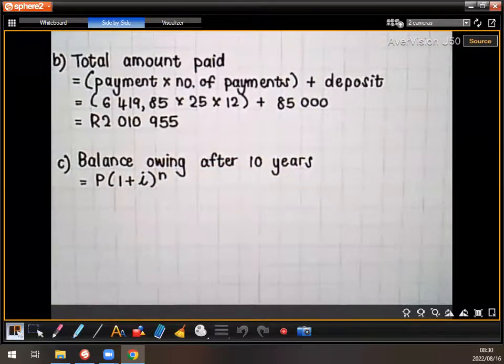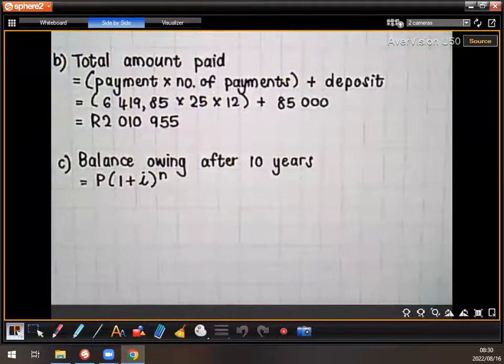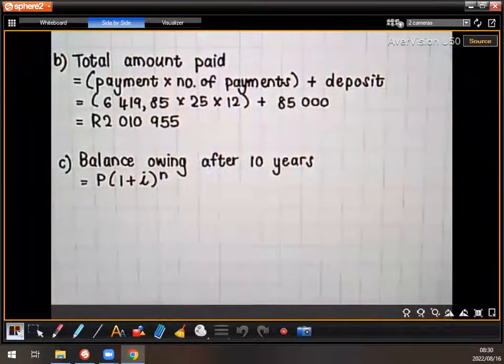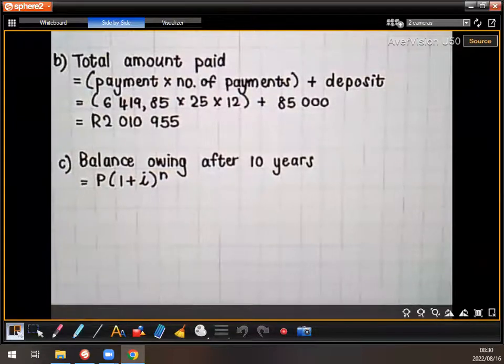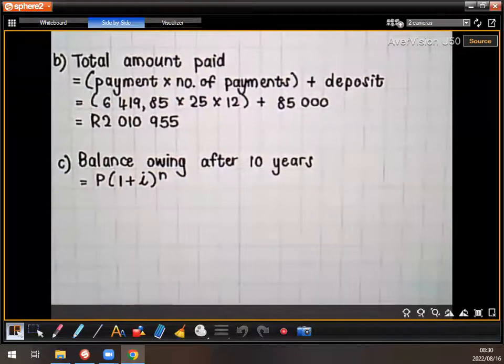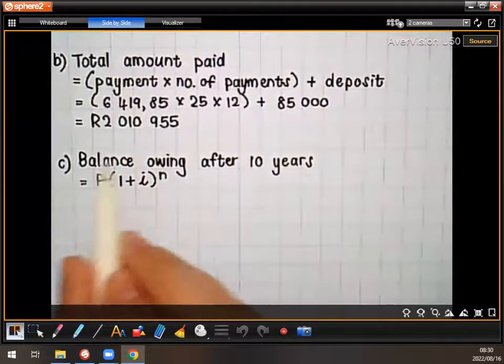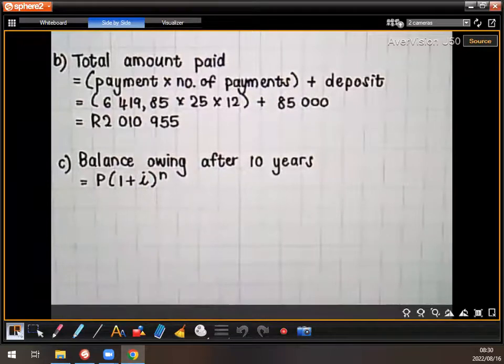You'll see now that this guy borrowed 850 minus the 85,000. We're going to pretend that he just borrowed the money and he's going to pay it all back after 25 years. That's not what's happening, but for this calculation, that is what we are going to do. We are basically going to see, after 10 years, if he hadn't made any payments, how much would he owe, or what would the total on this loan be after 10 years.